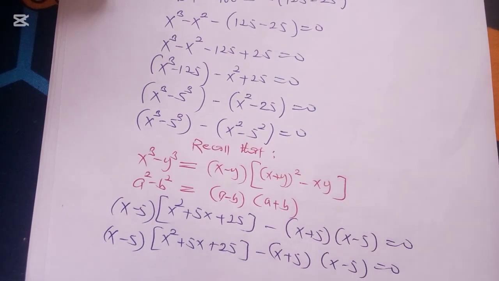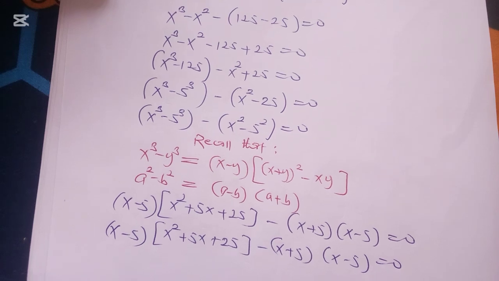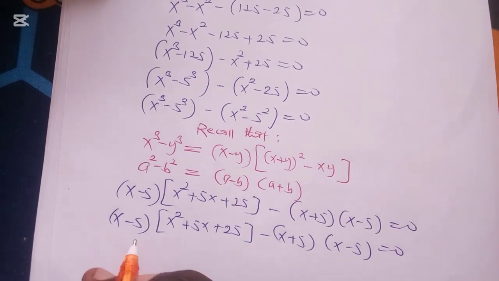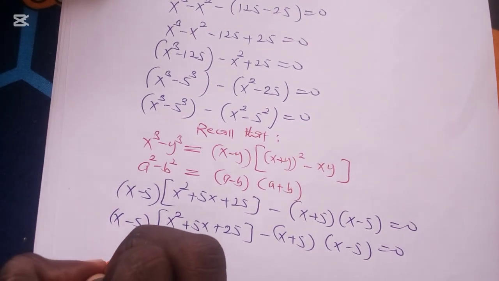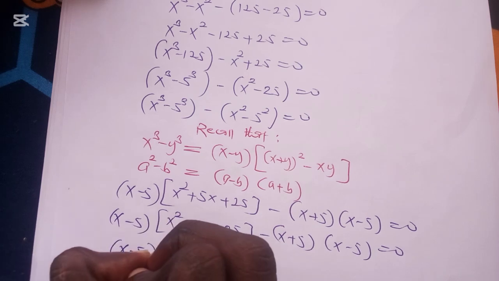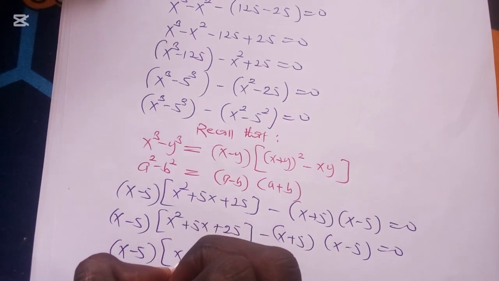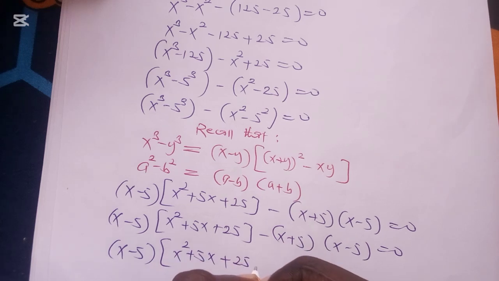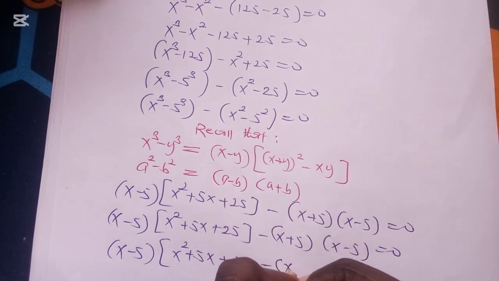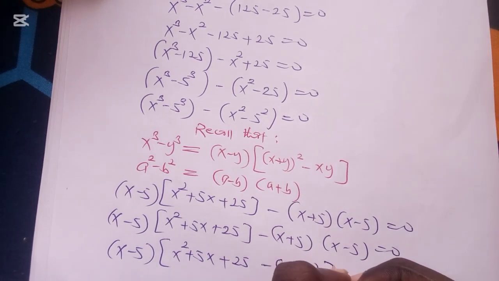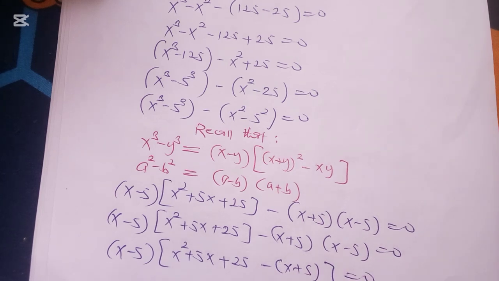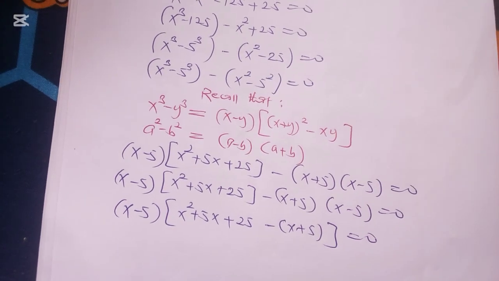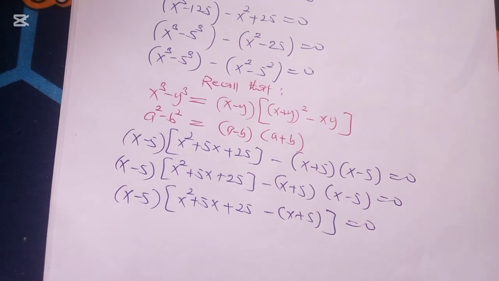Now let us factorize. What do we think is common here? Now it is x minus 5. We say x minus 5 is common, take it outside, then what remains is x squared plus 5x plus 25, then minus x plus 5 that remains, then everything becomes 0. Okay, now from this point, what are we to do?